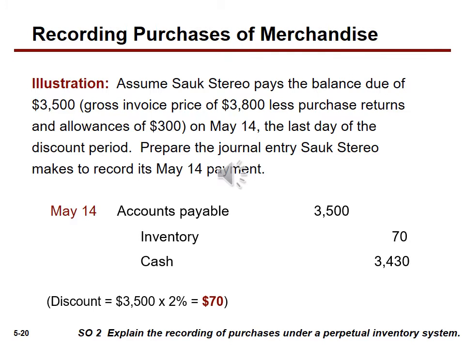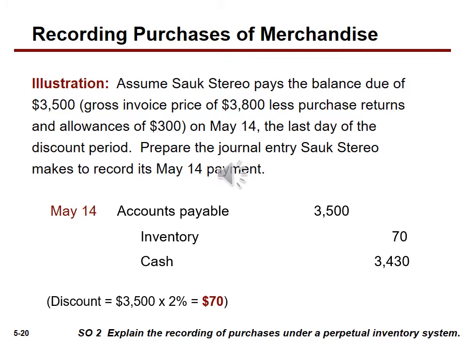And the way we do that is that we multiply the amount due or the liability, which is the accounts payable, the 3,500, by 2%. In this case, it's going to give us $70. That $70 we're going to credit to our inventory. So basically, with this, we are reducing the cost of our inventory.